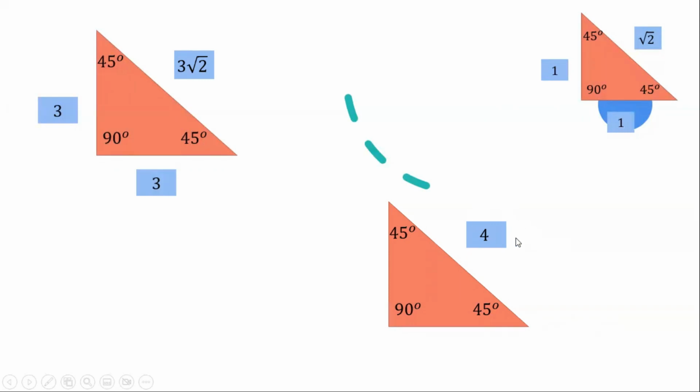So 4 divided by square root of 2 is 4 over square root of 2. Simplifying this, we multiply both numerator and denominator by square root of 2, then we get 2 square root of 2. Since this side is opposite the 45-degree angle, the other side is also equal to this, which is 2 square root of 2.